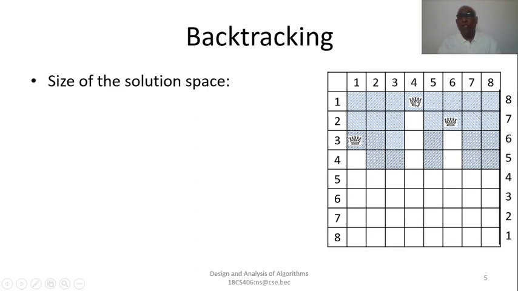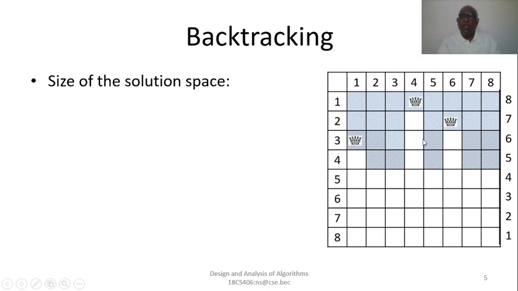Once the first queen is placed in one of the columns, this column cannot be used to place any other queen. And hence, the second queen can be placed in any one of the 7 columns. Of course, for the time being, I am ignoring the diagonal constraints. I am only looking at the row and column constraints. We are trying to make a simple enumeration.